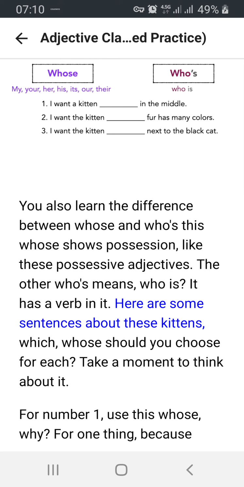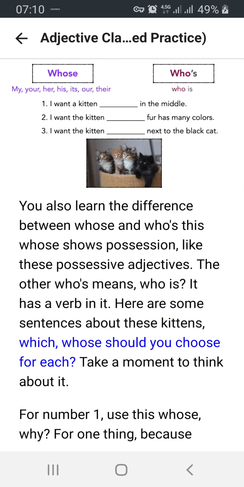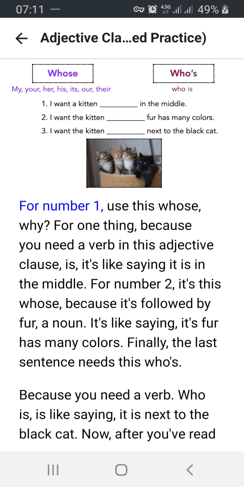Here are some sentences about these kittens. Which whose should you choose for each? Take a moment to think about it. Okay, for number 1, use this who's. Why? For one thing, because you need a verb in this adjective clause, is.